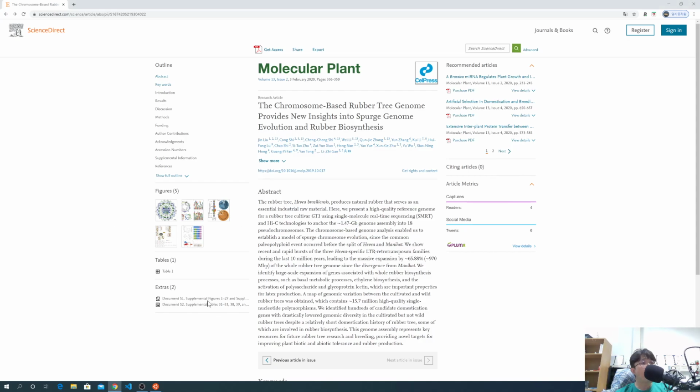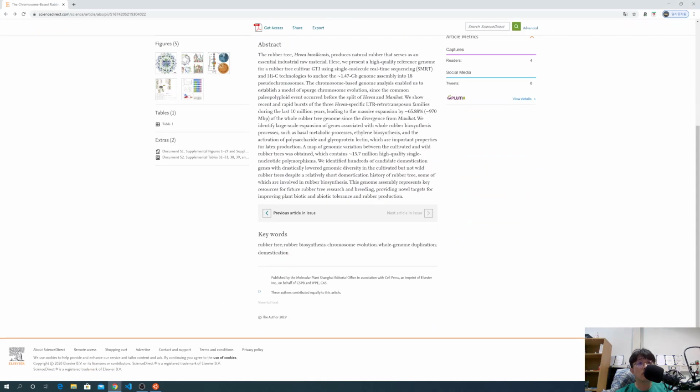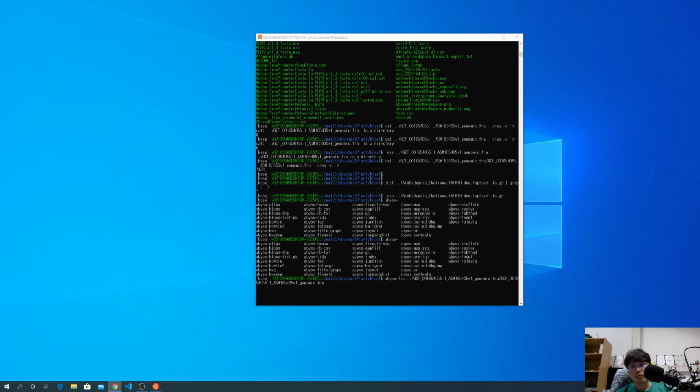Is that downloadable or what? I think I need to download this document. It looks like Molecular Plant is not open in our GNU.